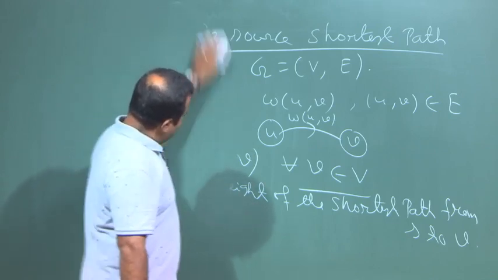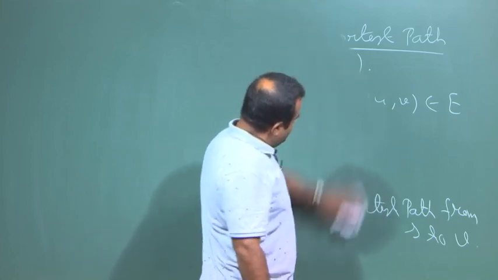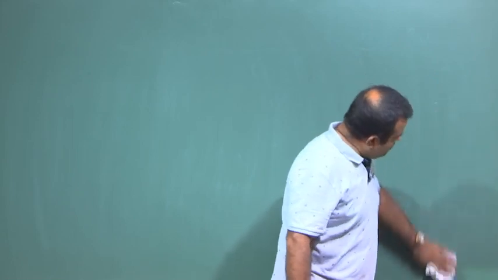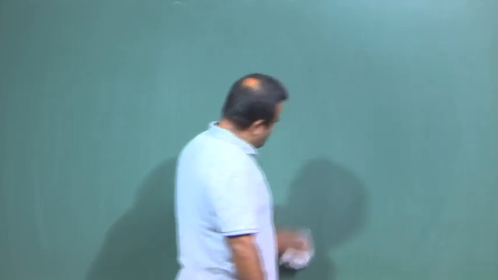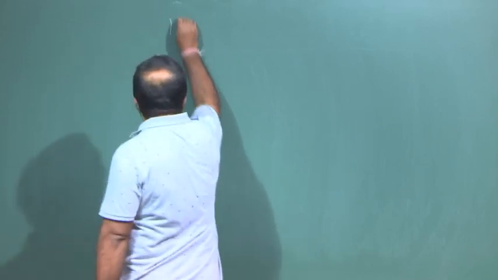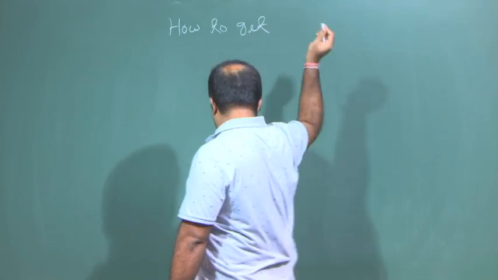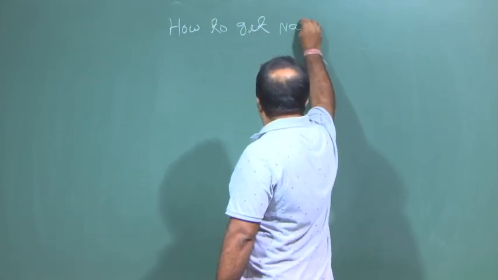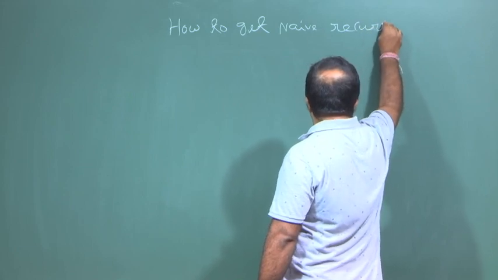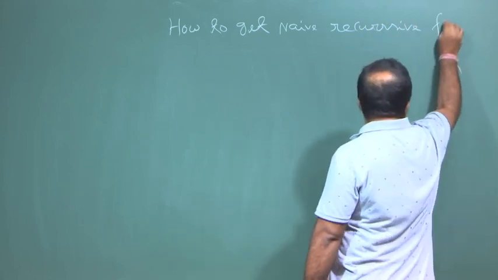Let us try to get that, then we can think to apply the dynamic programming technique. So, the question is how to get a naive recursive algorithm or recursive formula.